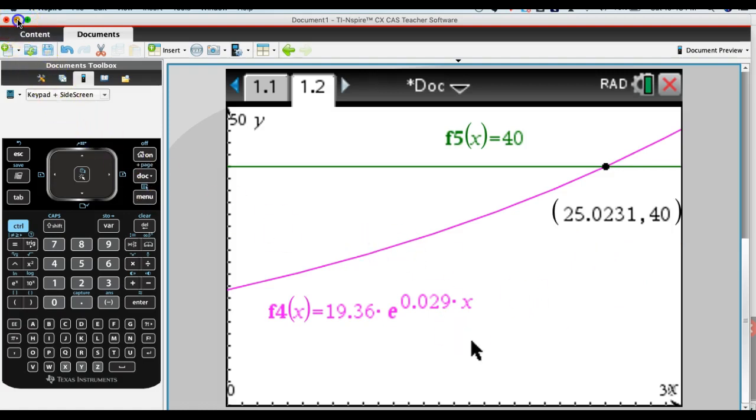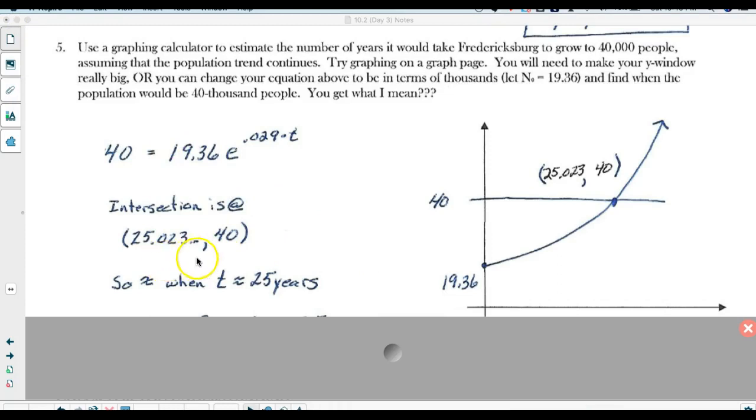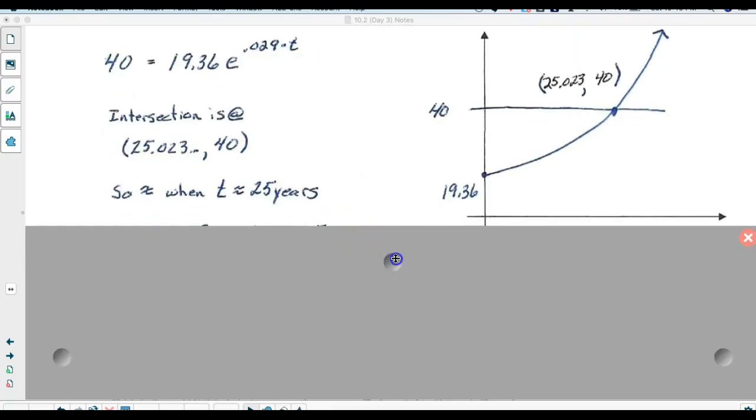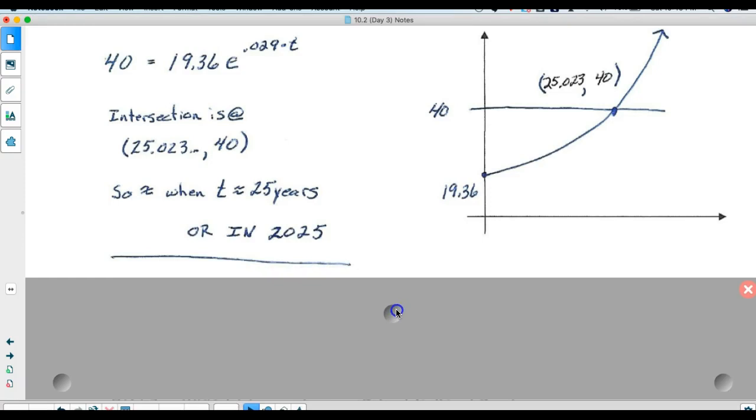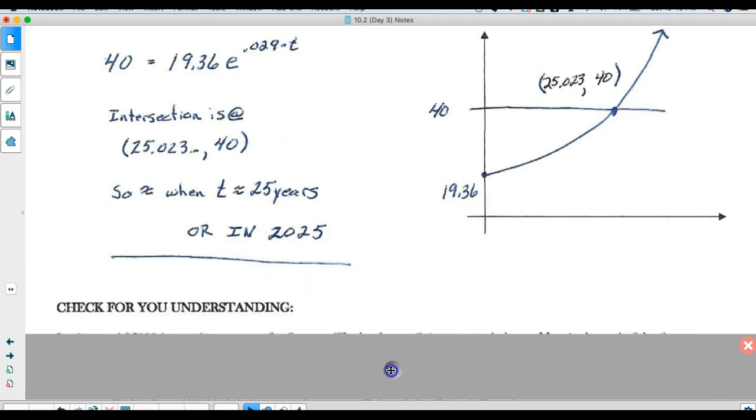So approximately when t is 25 years, it would be a little bit more than 25 years. But if I needed to know the actual year, I would take that 25 and add it to the year 2000. It would put me sometime during the year 2025.